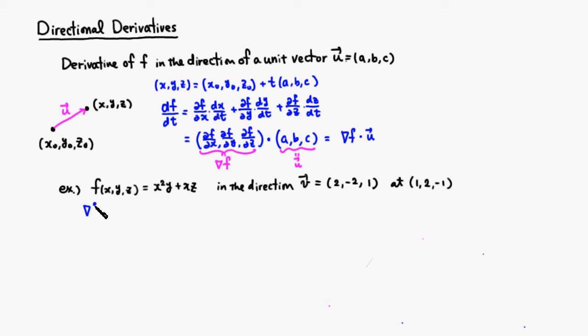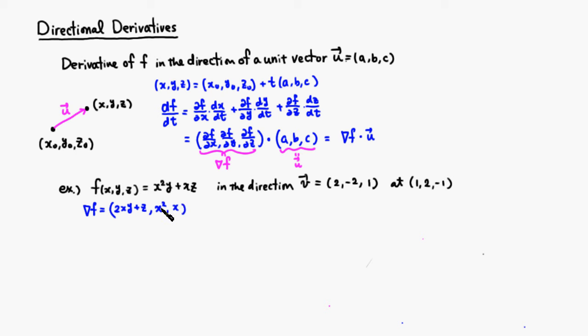The gradient of f is equal to the partial with respect to x, which will be 2xy plus z. The partial with respect to y would be x squared. The partial with respect to z would be x.